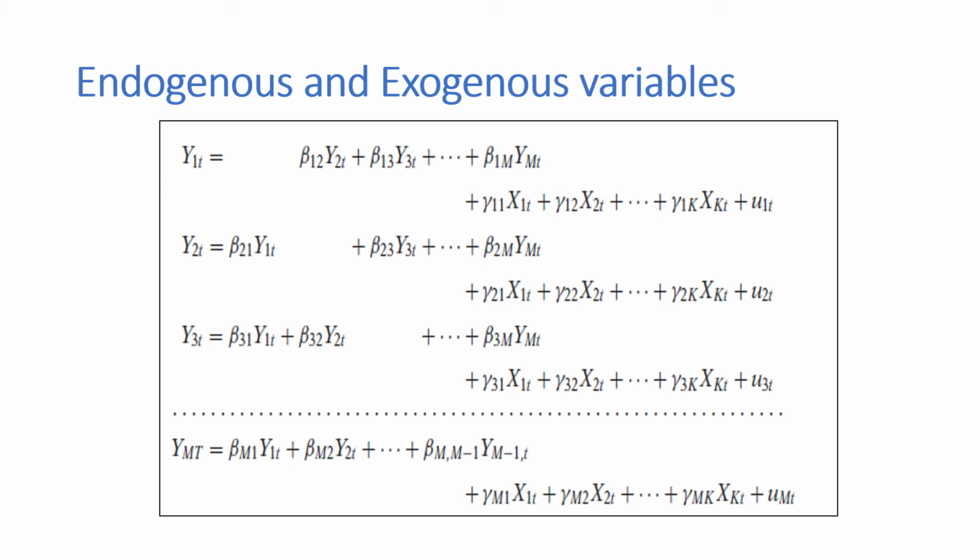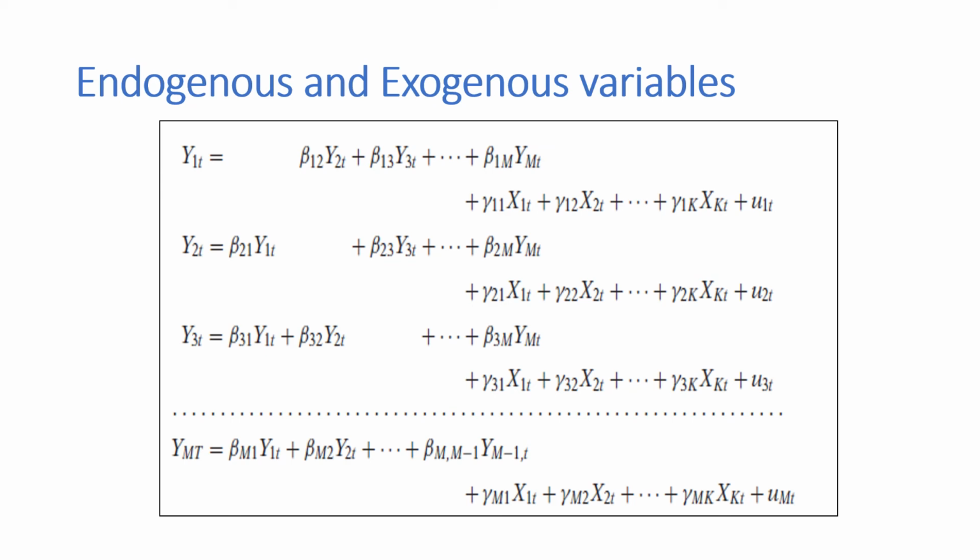The endogenous variables switch places from being explanatory variables to dependent variables, or from dependent to explanatory. The exogenous variable is completely explanatory, so it appears only on the right hand side of the equations, while the endogenous variable appears on both the left hand side and the right hand side.